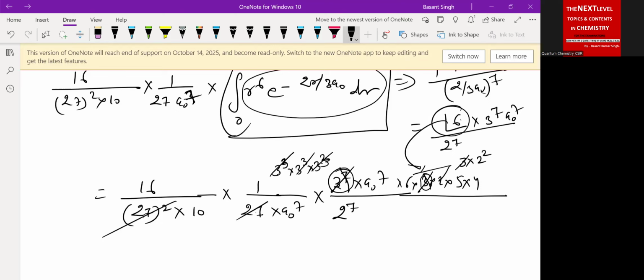Now this is 2 to the power 2 and I have taken this, so 2 to the power 5, this is 5, so 5, 2 times 5. Now this becomes 4 and this is 2 to the power 2. So this is 2 to the power 4.